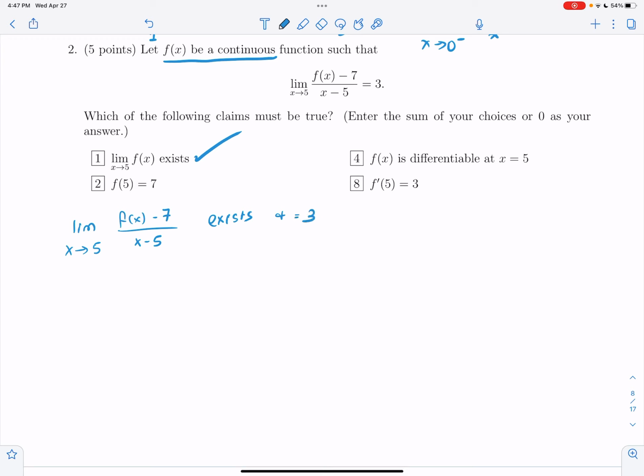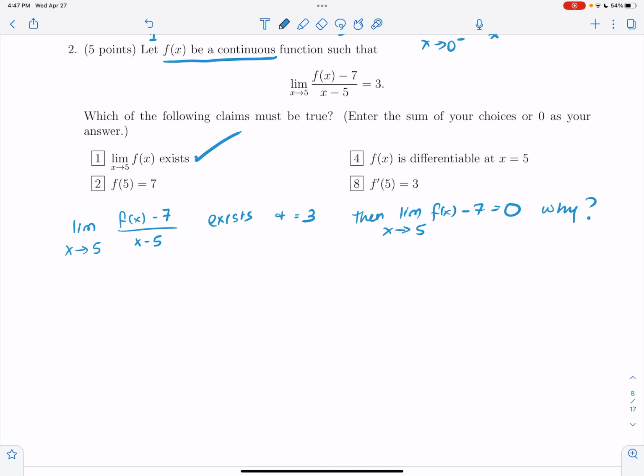Now, what does that mean? My claim is that the numerator's limit must be 0 too, okay? Why?